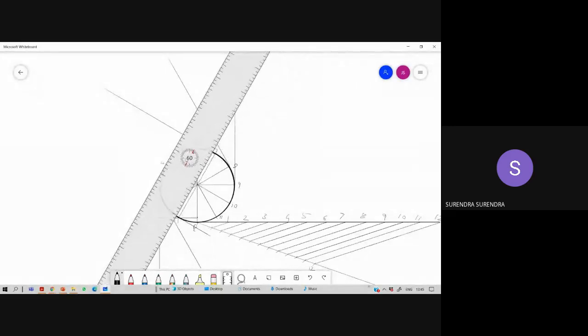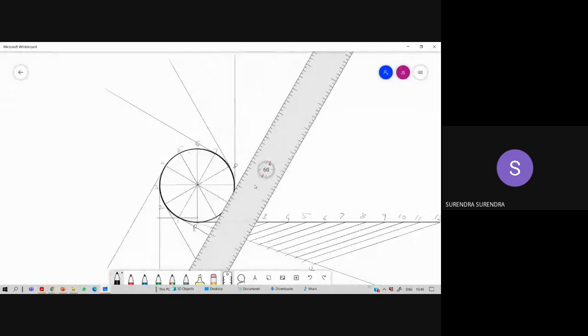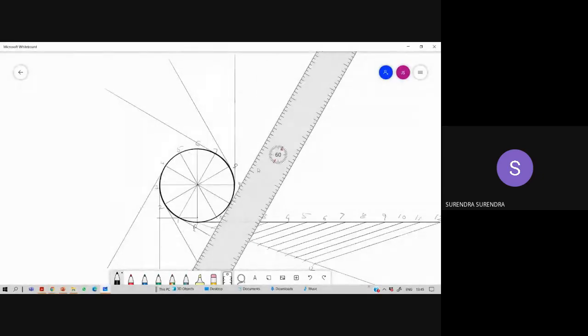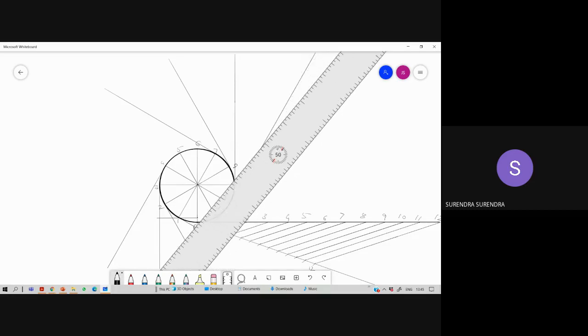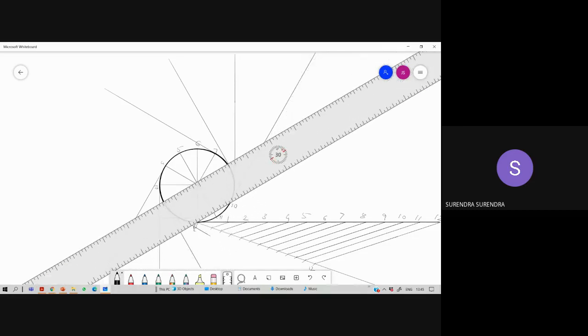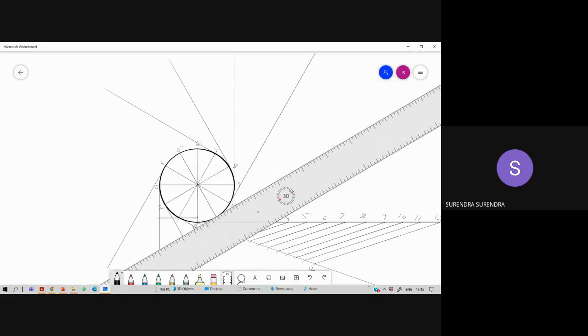Tangent at 4. And tangent at 10. Next. Tangent at 11.